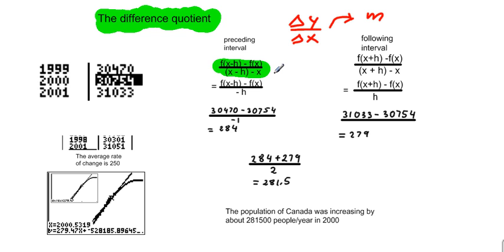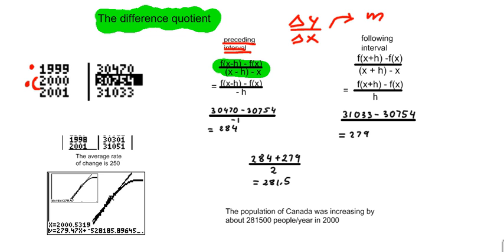So the difference in y values divided by the difference in x values. There are two intervals that we are going to work with. The preceding interval, which is used for two sets of data. Since my objective is the year 2000, I'm starting with 1999 and I will end with the year 2000. So this is the preceding interval.